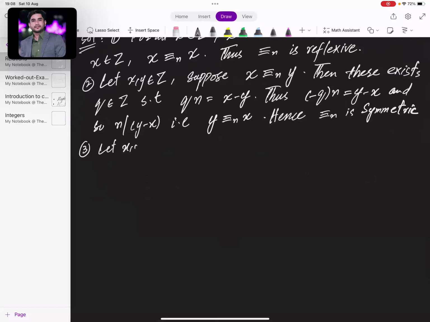Three integers: suppose x is related to y and y is related to z, where z is a small z.